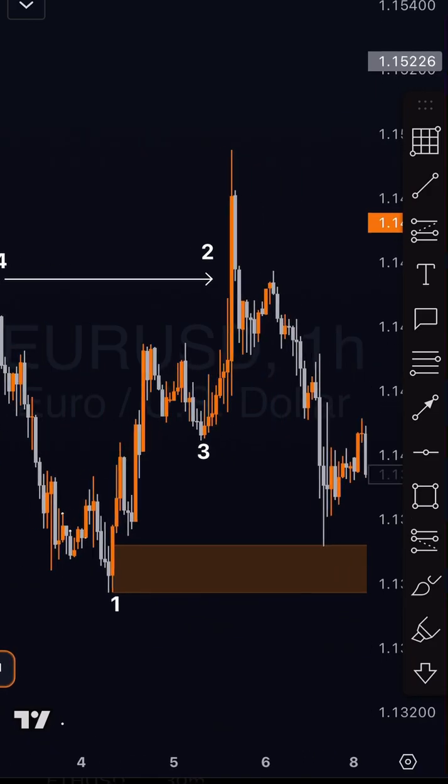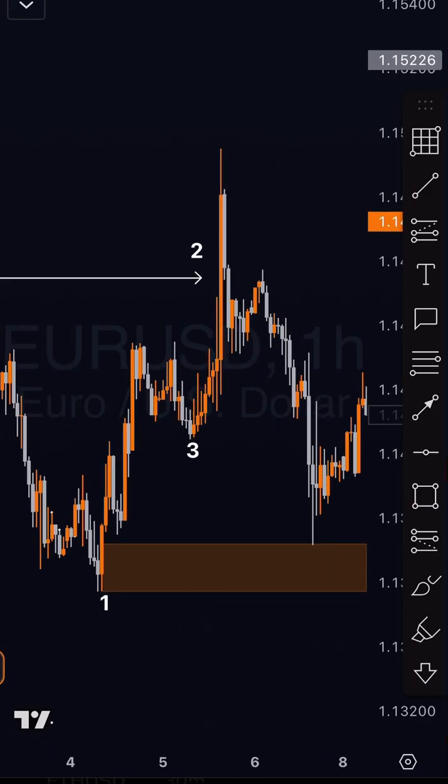Right? Step 4 is the confirmed high. Now in this case this is our high actually, right? Just in case you don't know. Now in this case, is this high confirmed?